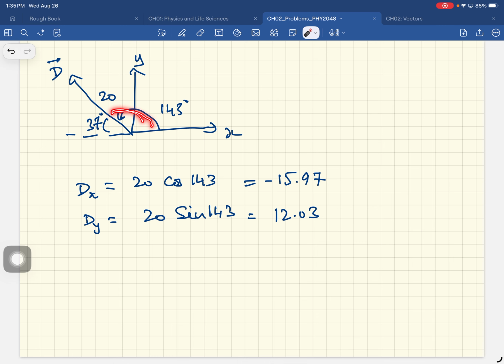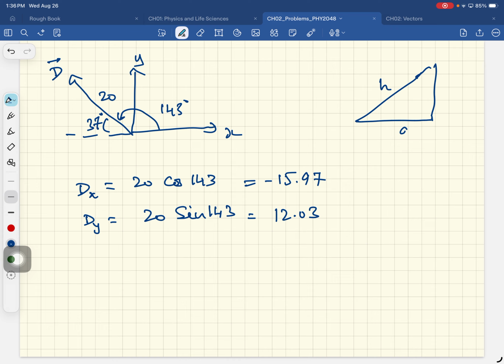All right, now we have our three vectors. So A was 8.66 plus 5j.